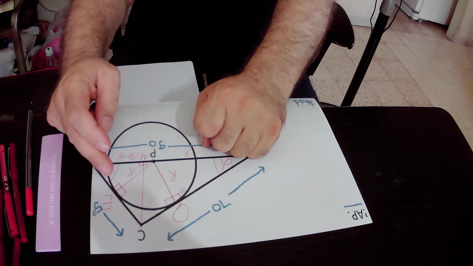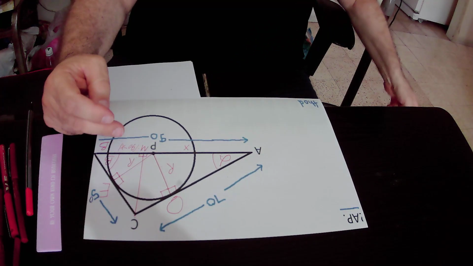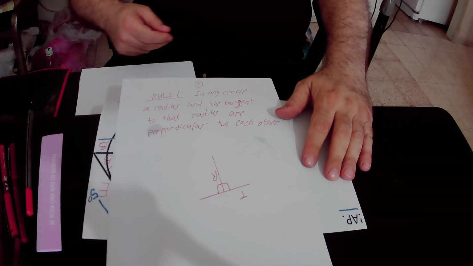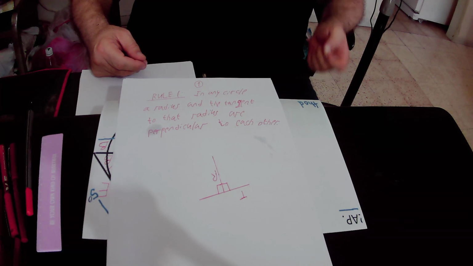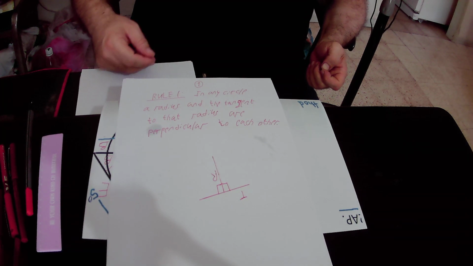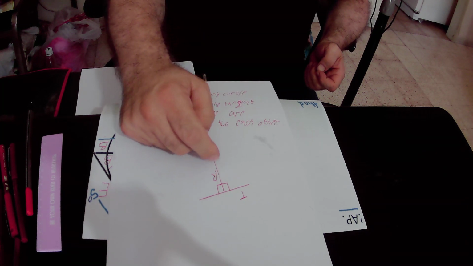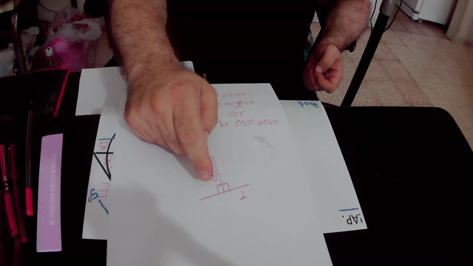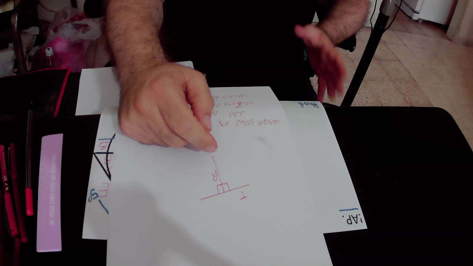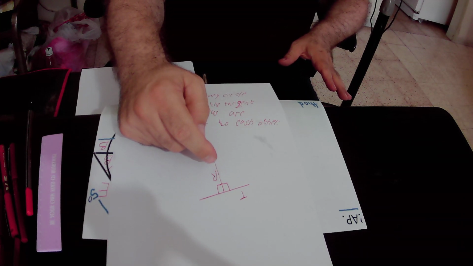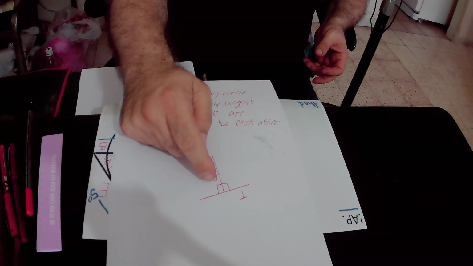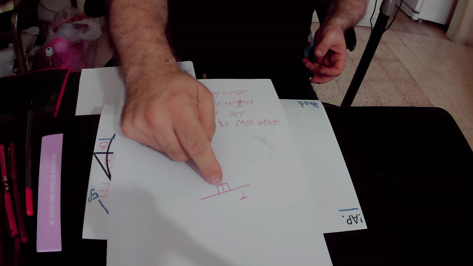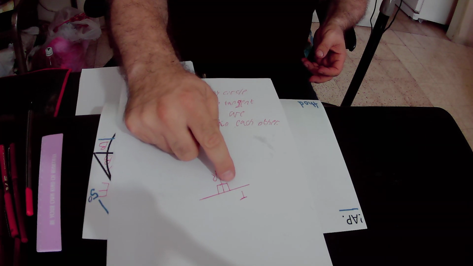PE is the radius of the circle, and we actually have a rule that in any circle a radius and the tangent to that radius are perpendicular to each other. So if we have a radius and the tangent to that radius, then they are perpendicular to each other. That is to say, R is perpendicular to T. That is to say, this angle is 90 degrees and also this angle is 90 degrees.